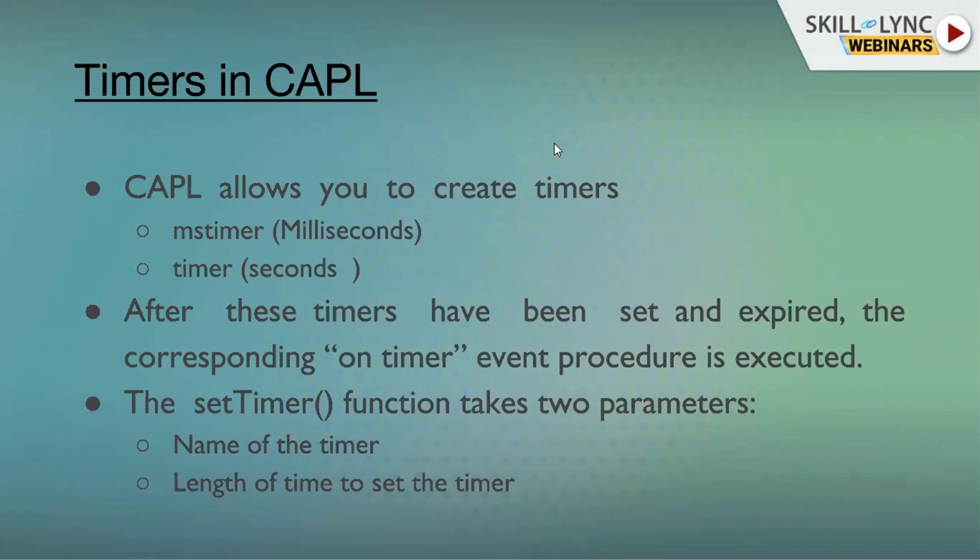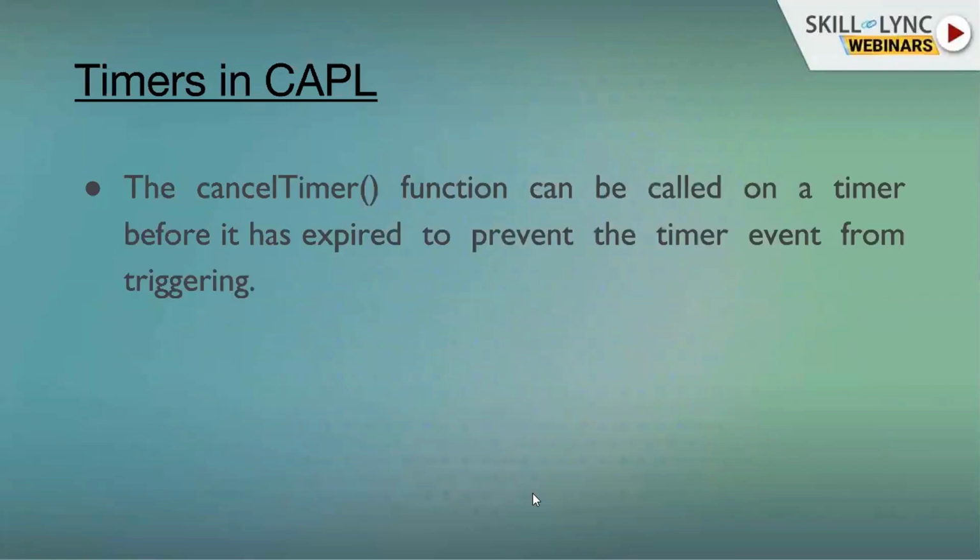This set timer has two parameters. One is the name of the timer, which is A, and the other is the length of the timer, which means I want to send that for 100 milliseconds. So in this function, you write set timer open bracket A comma 100 close bracket.